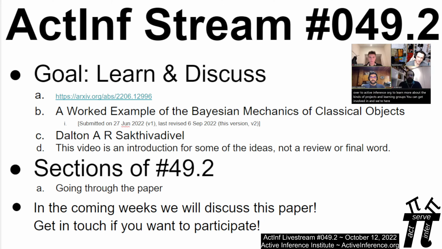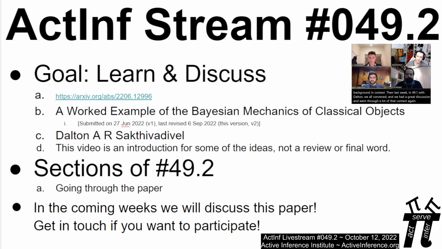And we're here in stream number 49.2, the third video of our explorations of the paper, A Worked Example of the Bayesian Mechanics of Classical Objects. In the .0, Jakob and Ali and I provided some background and context. Then last week in 49.1 with Dalton, we all convened, had a great discussion, and went through a lot of that context again.